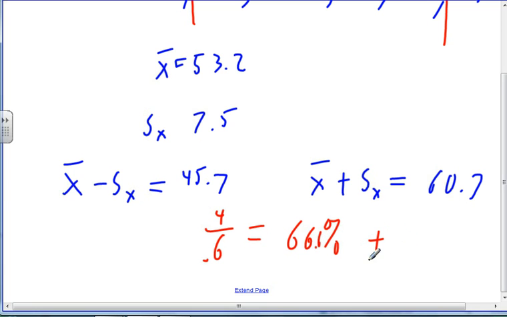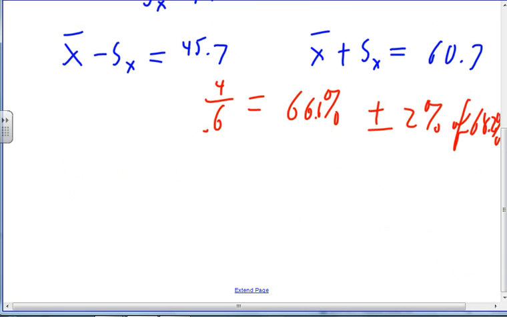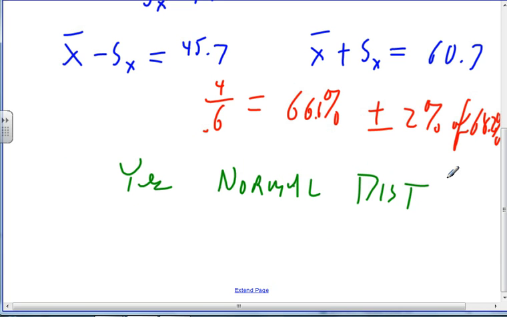Is that plus or minus 2% of 68.2? The answer is yes. This is a normal distribution. Oh, excellent.